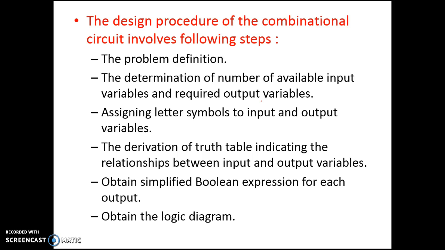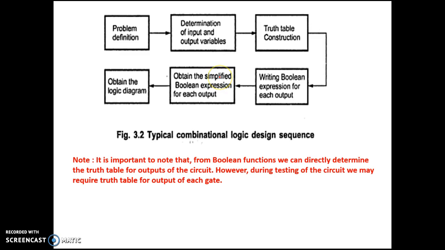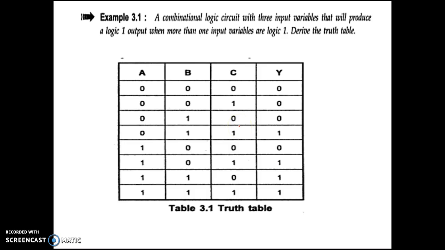Assigning letter symbols to input and output variables. The derivation of the truth table indicating the relationship between input and output variables. Obtain simplified Boolean expressions for each output. Obtain the logic diagram. This is what we have in a previous slide in a diagram representation.